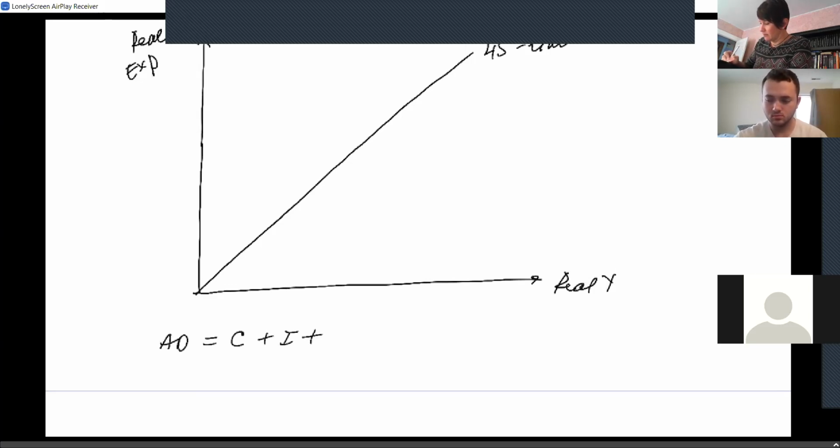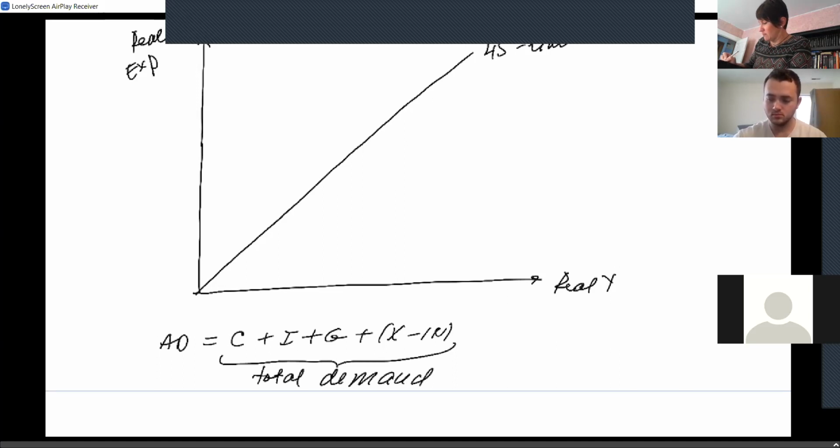That's our total demand. In dollar terms, it represents how much we're willing to spend. So this is also total expenditure. Expenditure is a fancy word for spending.